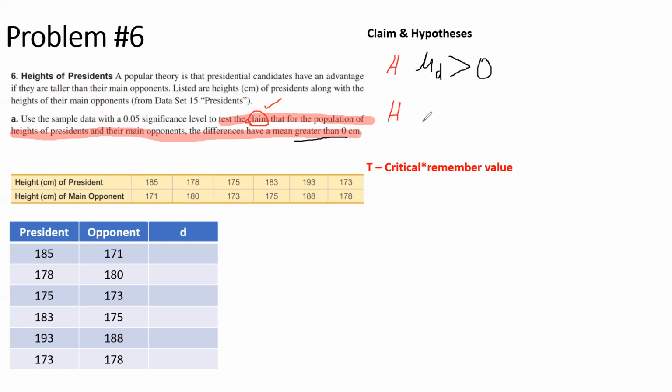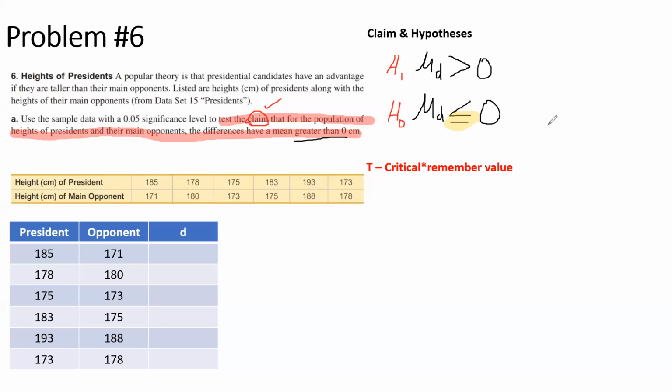And the null hypothesis would be mu is less than or equal to 0. That would be the null because the null always has equality. And since it has equality, we're going to say that is our null. And that makes this our alternative hypothesis.